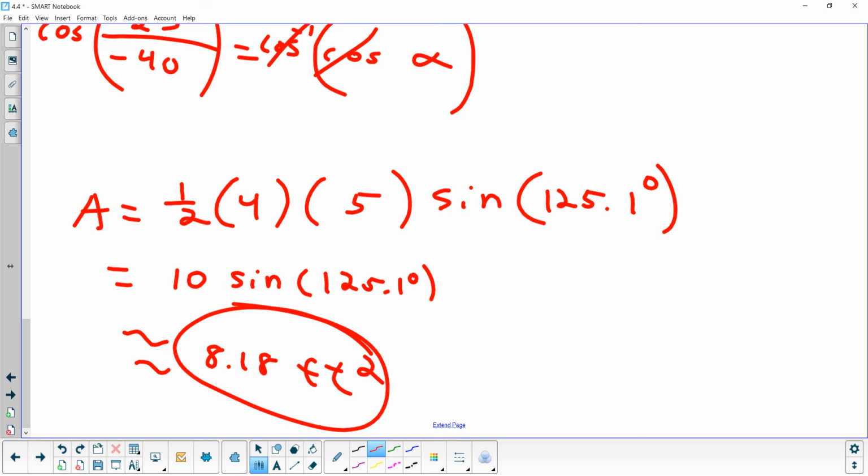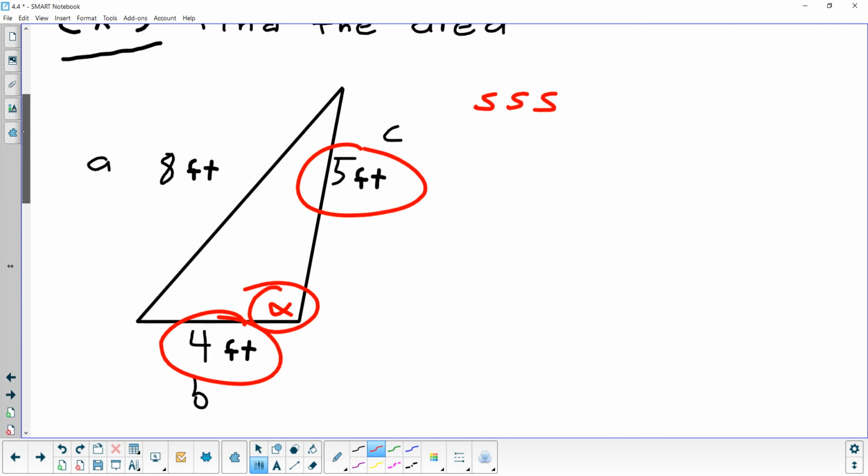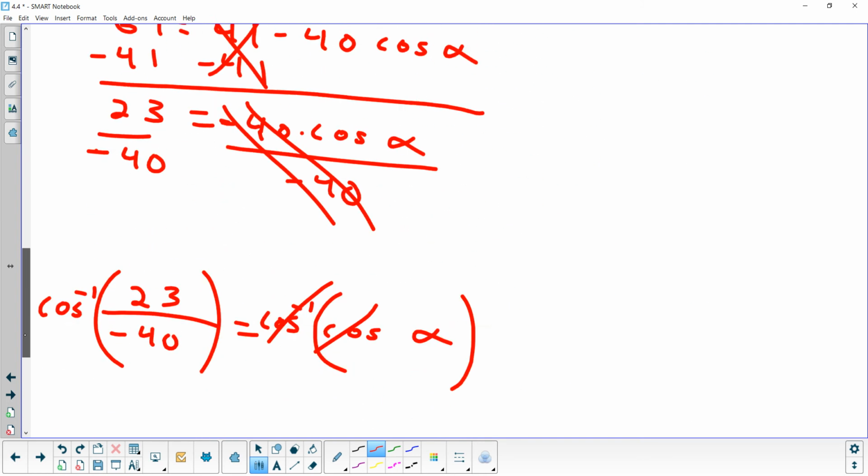All right, so the reason I showed you that one is because it really uses the same formula. You don't need to learn anything new to find the area where you know all the sides. You can use exactly what you already learned from today and use the law of cosines. I don't like the law of cosines. It takes too much time. We have to do all this extra work just to find one of the angles.